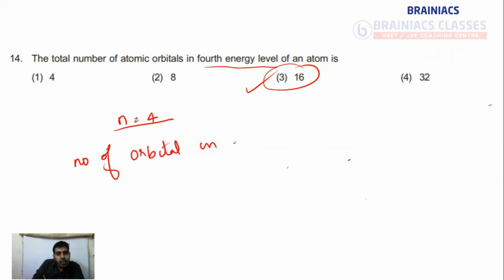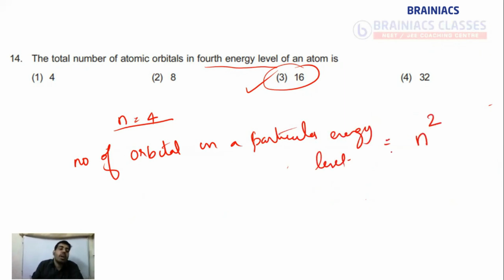So the number of orbitals in a particular energy level can be calculated using the equation n square.